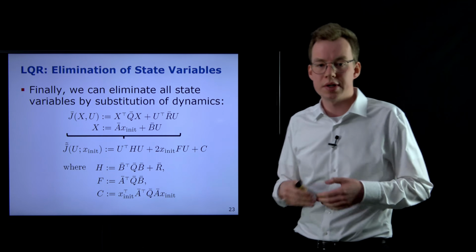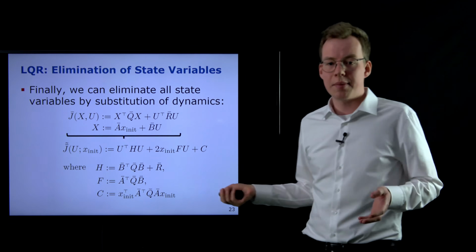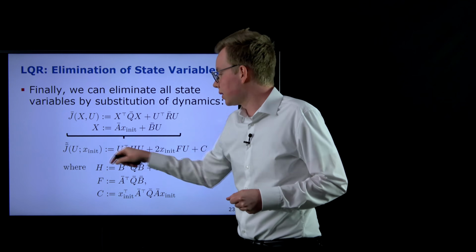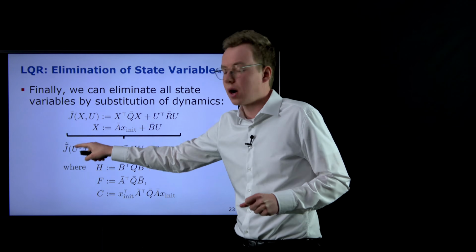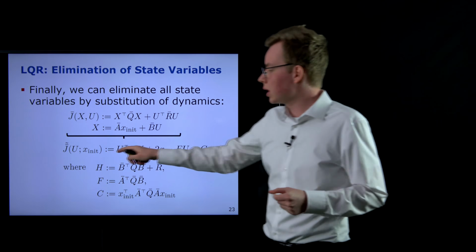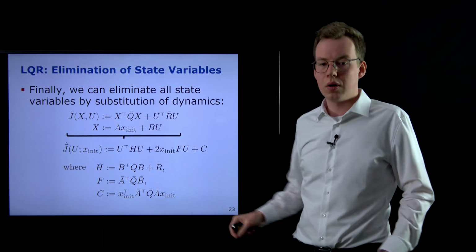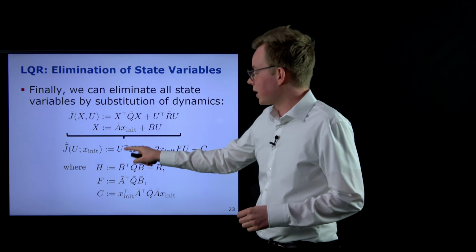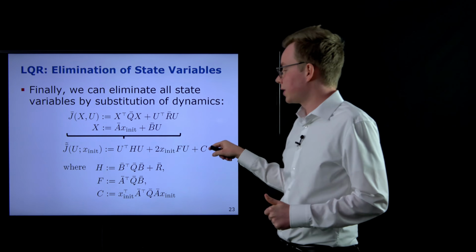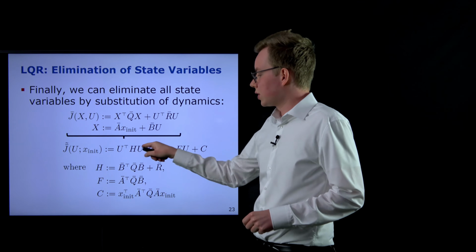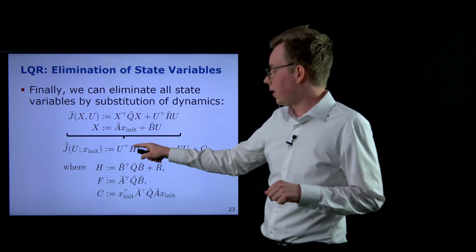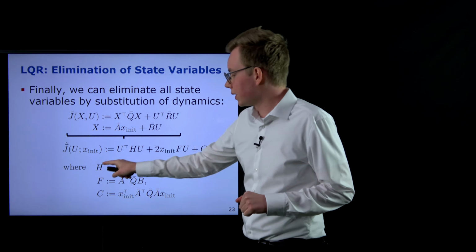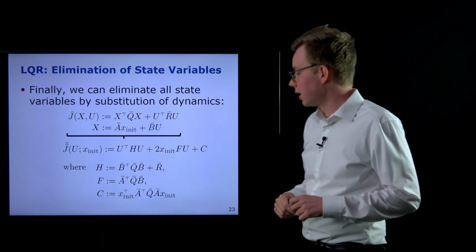If we rearrange the terms and tidy up this expression a little bit, then we get this compact J tilde, the cost in terms of only the sequence of all the inputs, with state constraints eliminated. We can write it as this quadratic expression in U. So U is just left and right multiplied onto this H matrix, and then there's also some linear term and a constant in U. This H matrix is, for example, what you see down here.